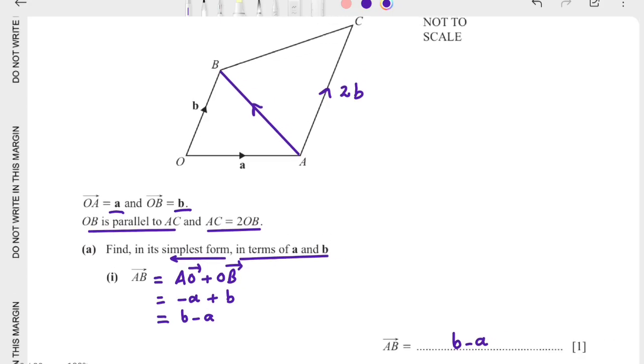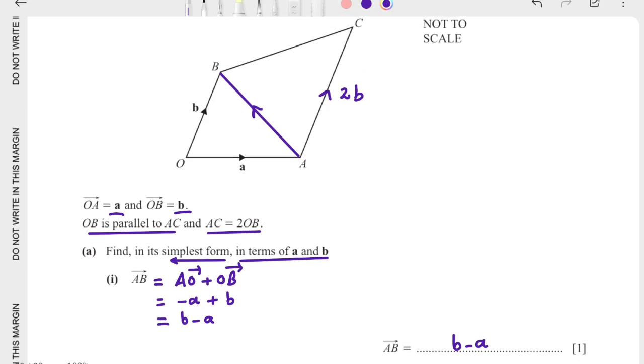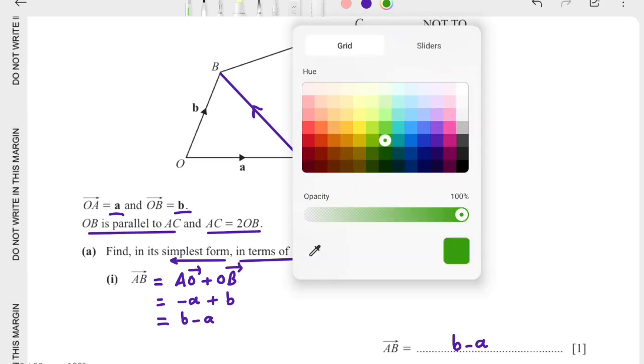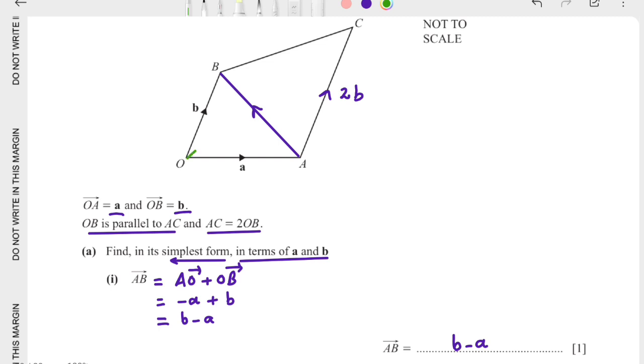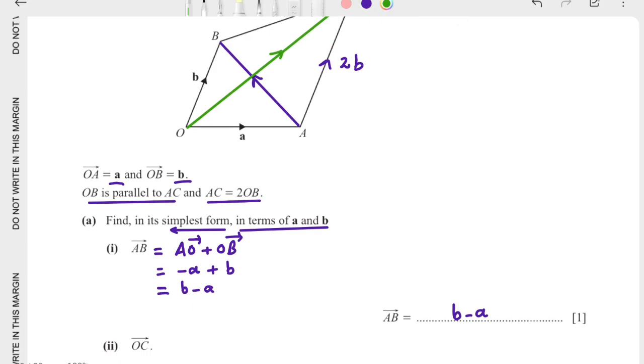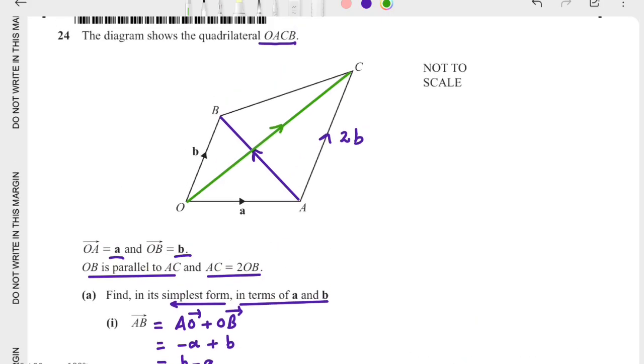Now we have to find out OC. To find OC, the path would be OA plus AC.